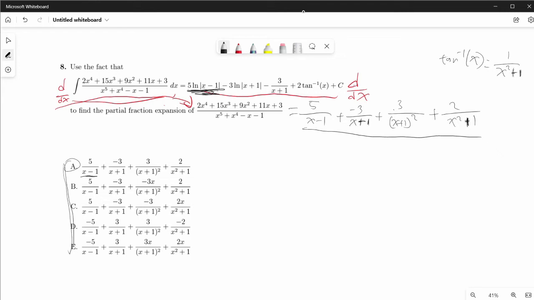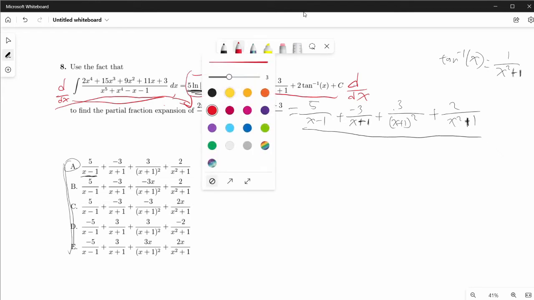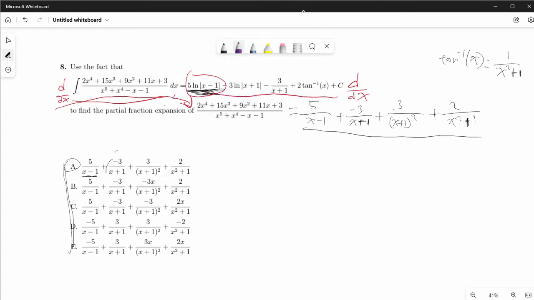I see that this term is going to match to this term, and this purple term here matches with this term. I should have the negative in there. And each of these terms matches each other. I don't know which one it is, but it would be 1, 2, 3, 4. Each term matches with each other.